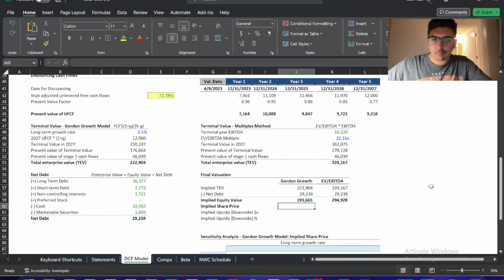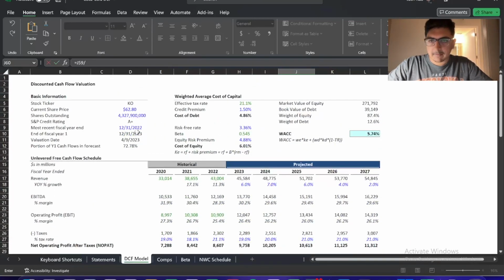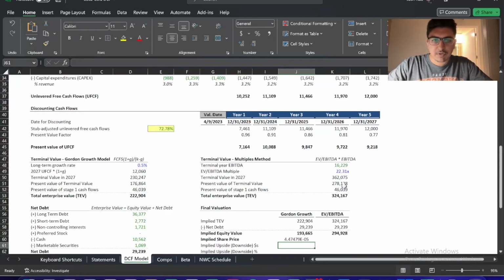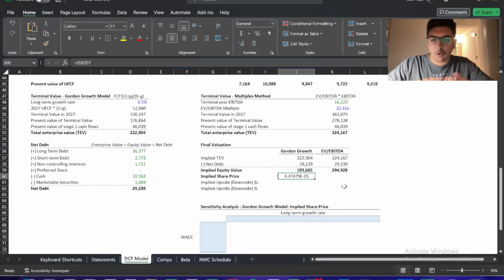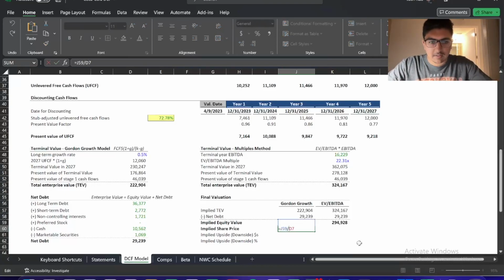So our implied share price is going to be this equity value divided by our shares outstanding. But if we do that, we are over dividing because this is in millions while this is in actual numbers. So we need to take this and divide it by 1,000,000. Boom.